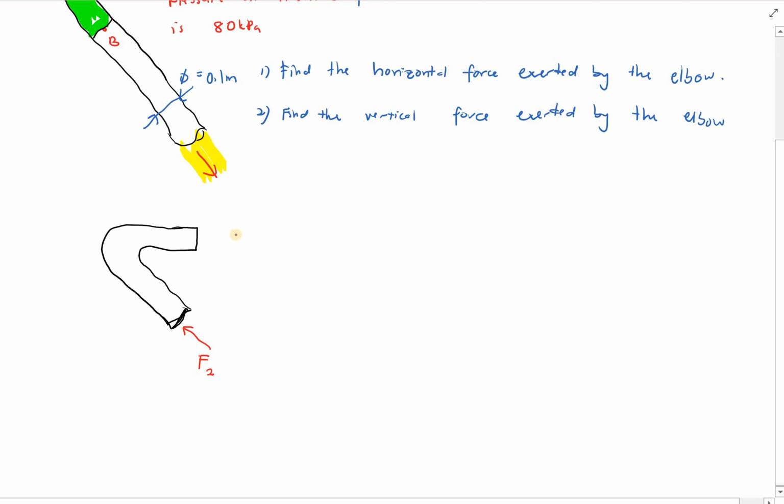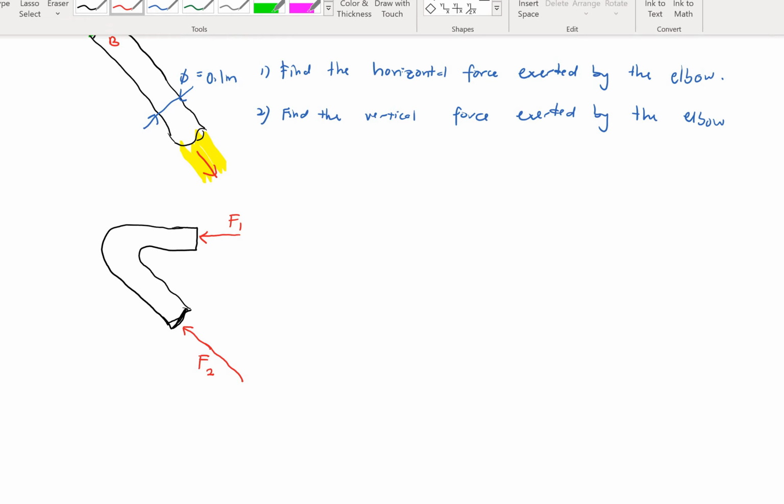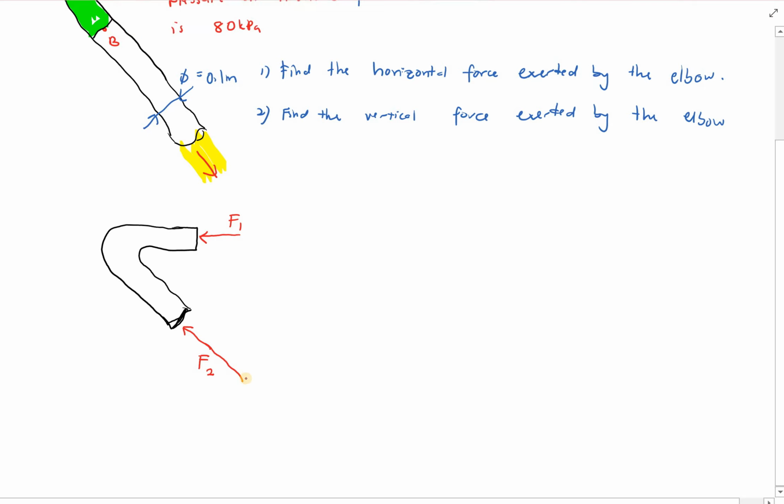So in this case, you will have F2, and that way you will have F1. Okay, but this doesn't look nice because your F2 is not in the X or Y component. So what you have to do, you expand your F2 like this.